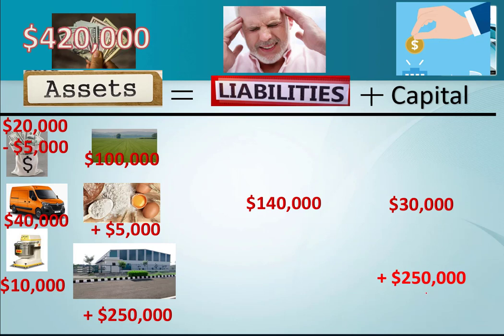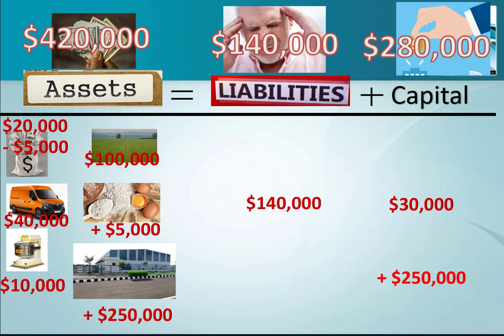So in this example, we can see that the value of assets is 420,000, which is equal to the value of liability 140,000 plus the capital contributed by the owner, 280,000. So 420 is equal to 140 plus 280. So these are the three components of the balance sheet.